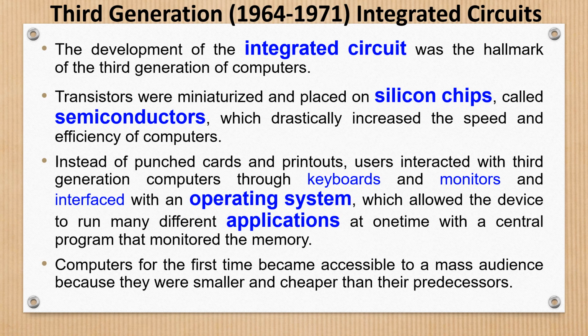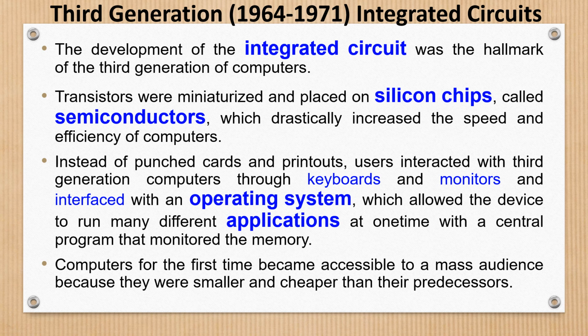After the completion of the second generation, they moved to the third generation, and the third generation time period is 1964 to 1971. And here the researchers used the concept of integrated circuits.